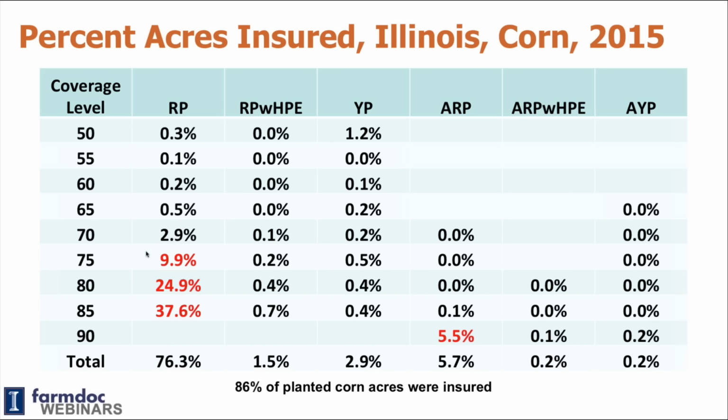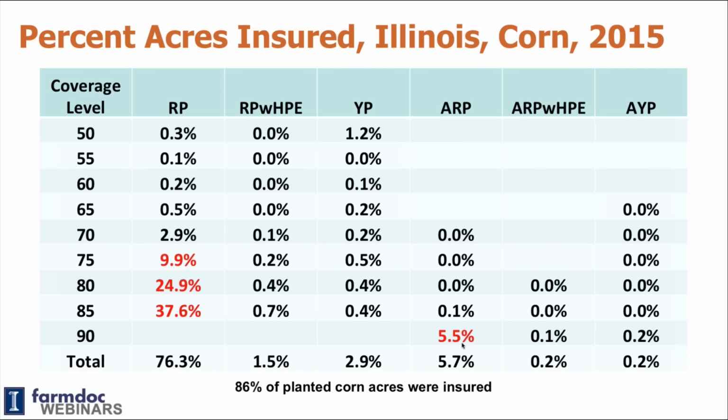We see more 75% coverage levels in the southern part of the state and on higher-risk land, particularly, and that just occurs because those 80 and 85% coverage levels get more costly. So if you were at RP at a pretty high coverage level last year, you were in the majority.